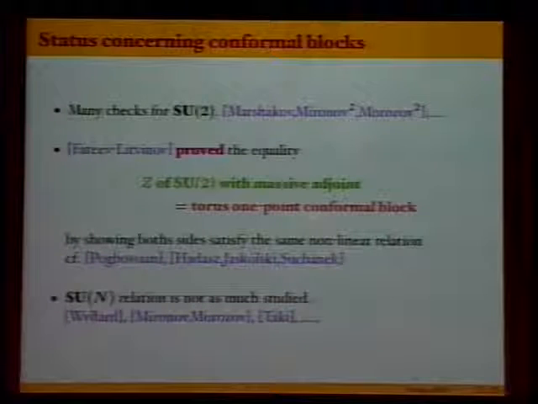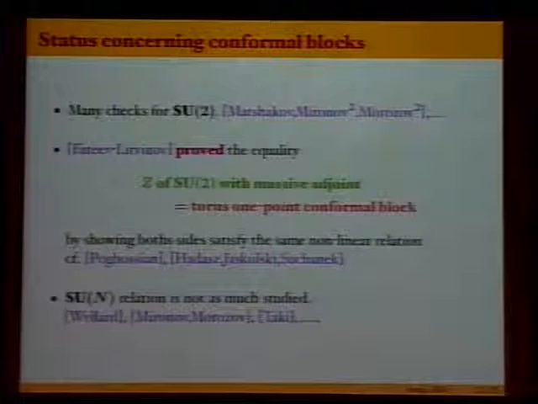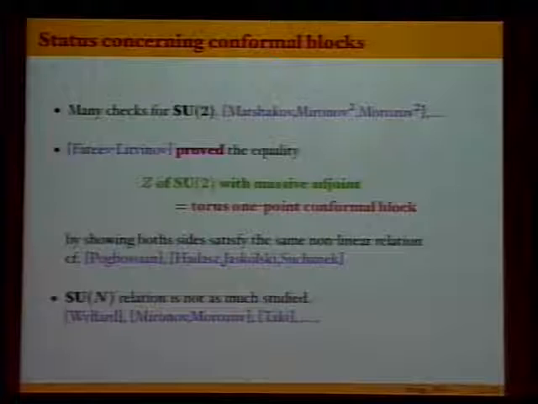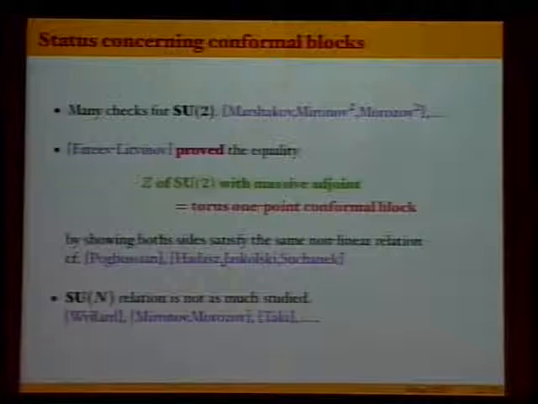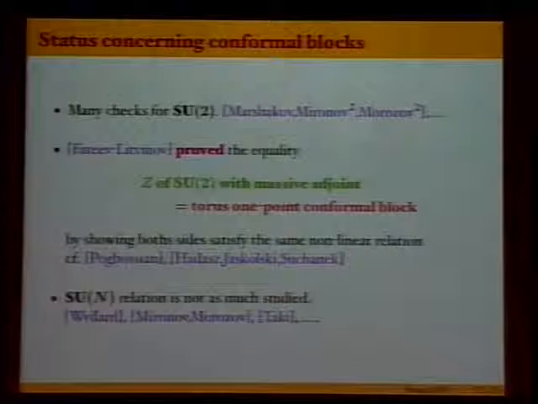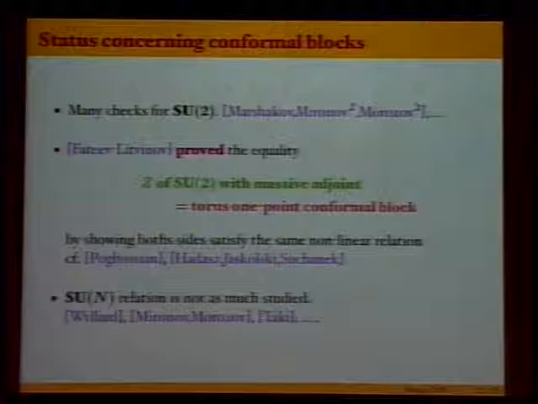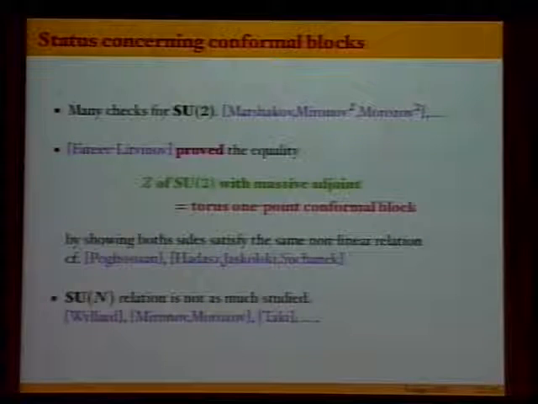So the way they did it is by showing that both sides satisfy exactly the same recursive nonlinear identities. Because they are recursive nonlinear identities, by just giving the leading term, all of the higher order terms are determined by the recursion relation.